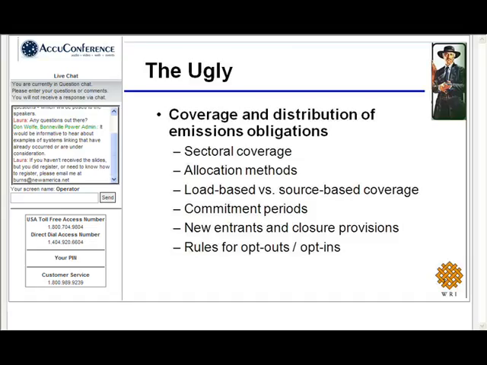Finally, new entrants and closure provisions and rules for opting in or opting out of a program. Again, these are more distributional and coverage concerns that don't really affect the environmental integrity or the economic efficiency of a linking agreement, so they're probably not going to be major barriers.